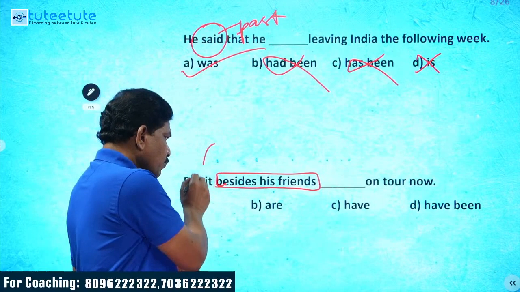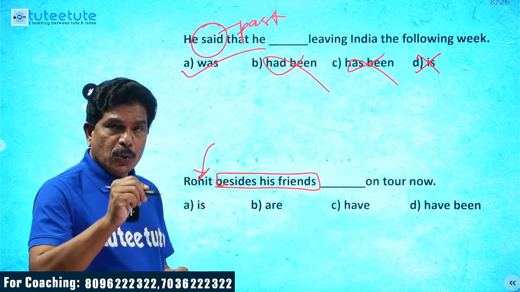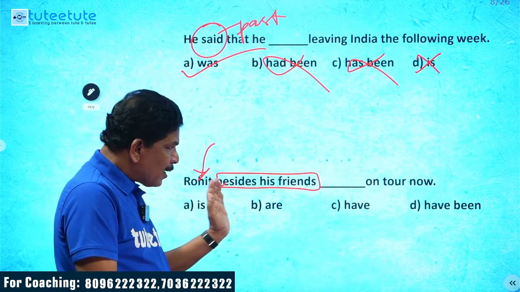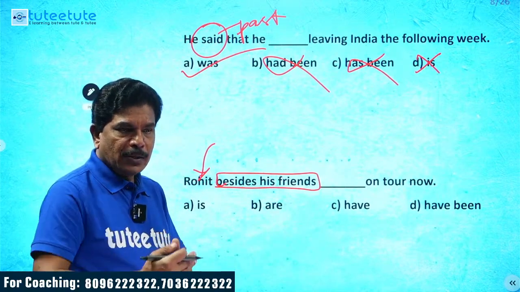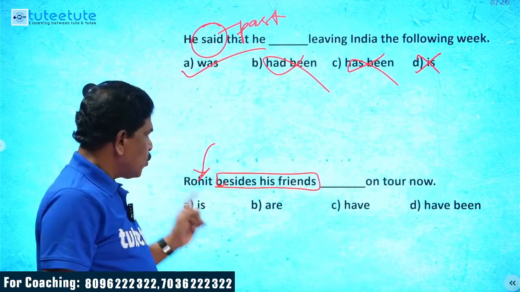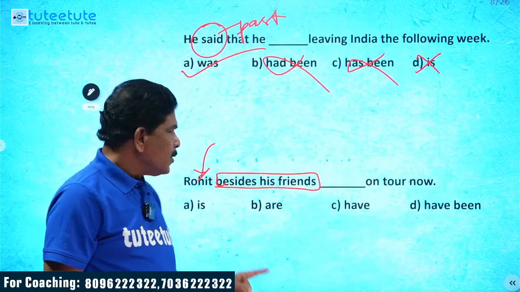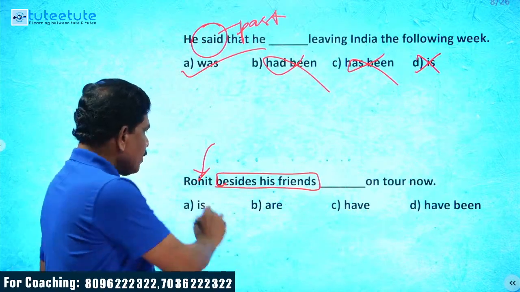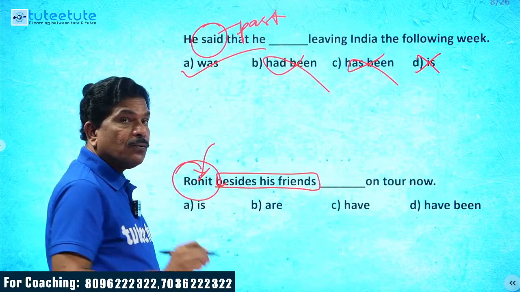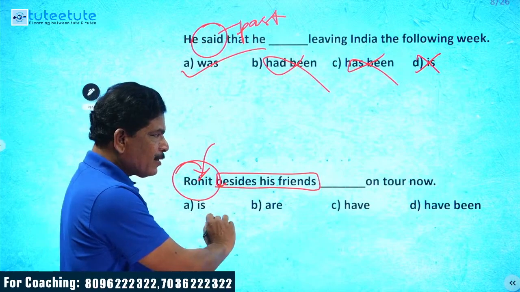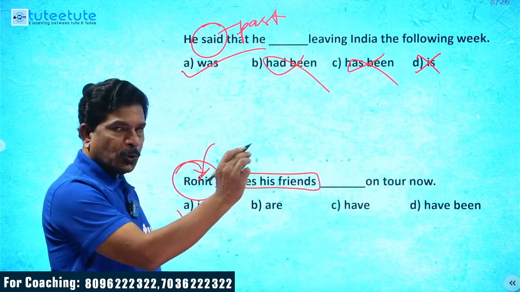Therefore, the actual stress falls on Rohit. We are talking about Rohit. Rohit is being compared with friends. His friends are on tour now. Like that, Rohit is also on tour. Therefore, besides always suggests the number of the first used noun, the subject. So, Rohit besides his friends is on tour now.